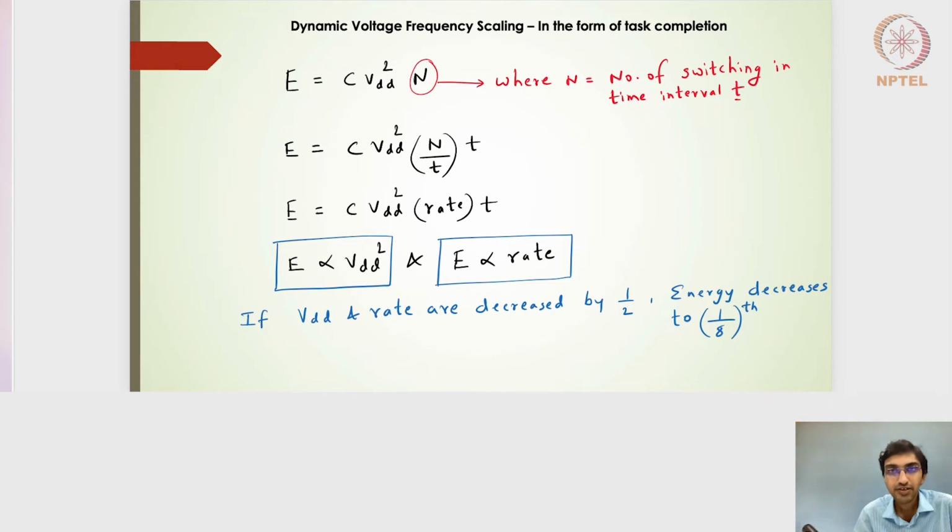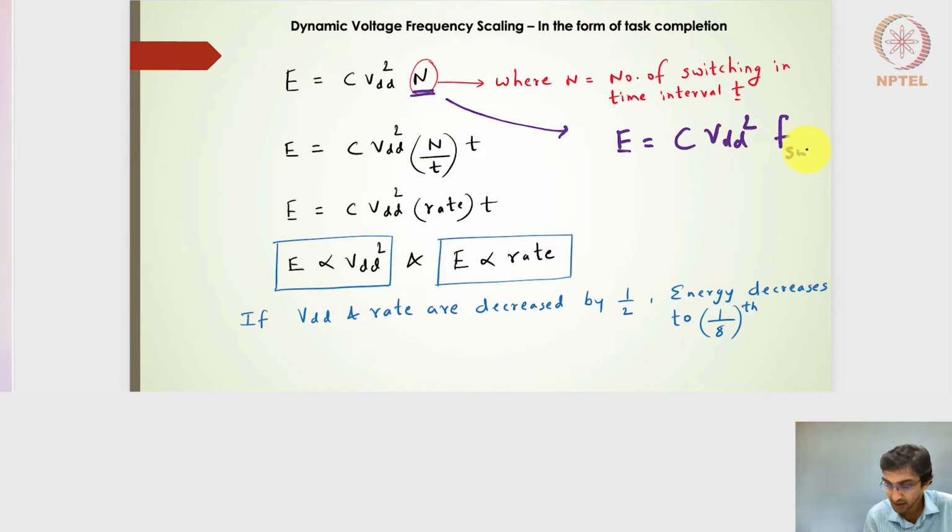So this is something we had already seen in the last lecture, where I had defined energy in terms of C VDD square multiplied by N, and here N represents the number of switching in a time interval of T. The energy term is C VDD square, and I can write N as F switching multiplied by the time duration of interest.